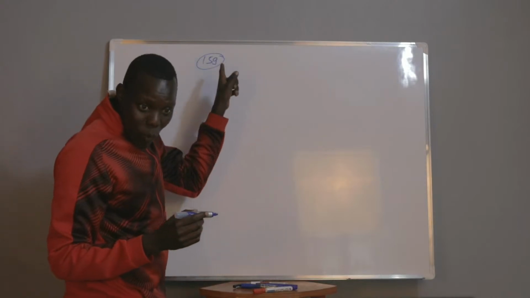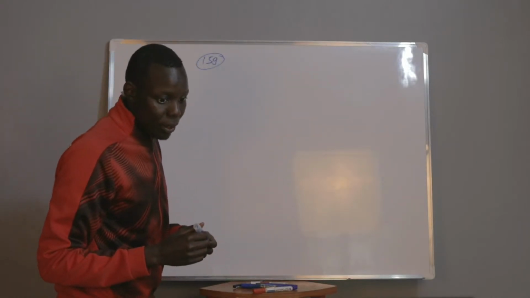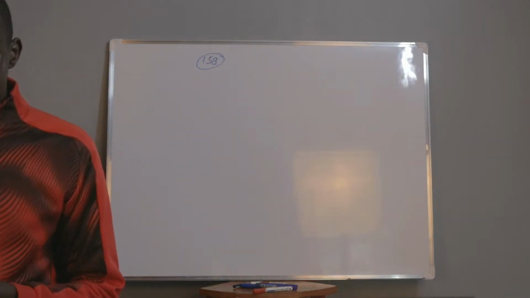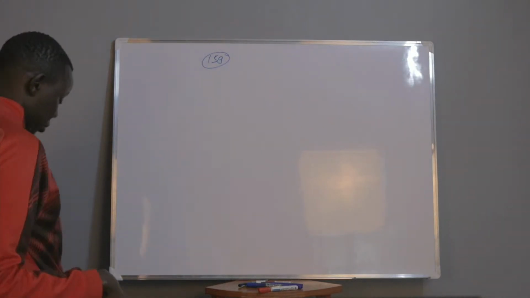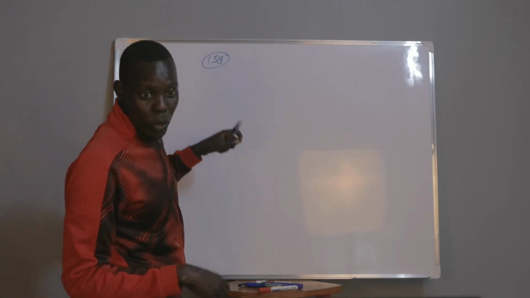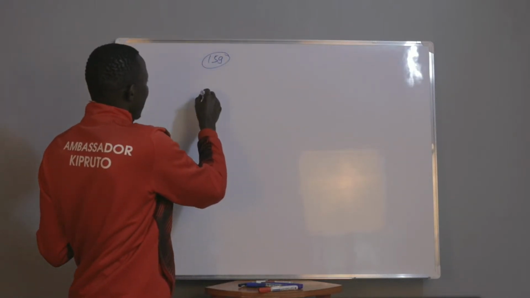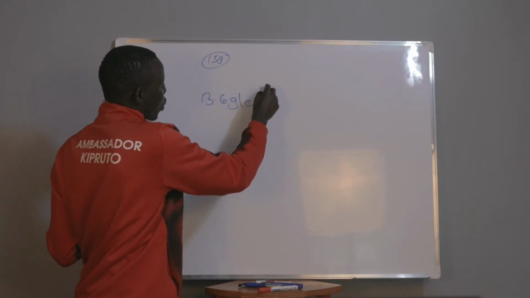Now we want to add mercury to that 15 grams, with a density of 13.6 grams per centimeter cubed.